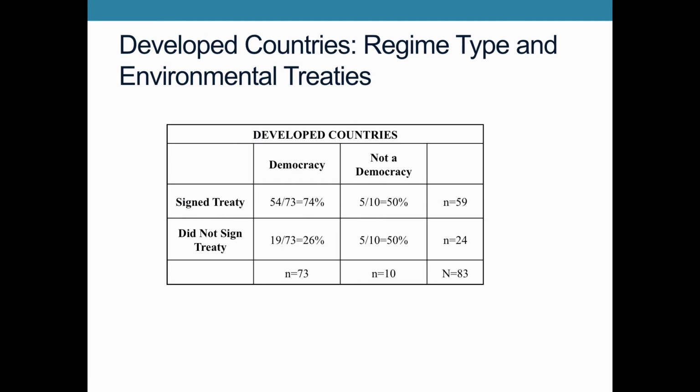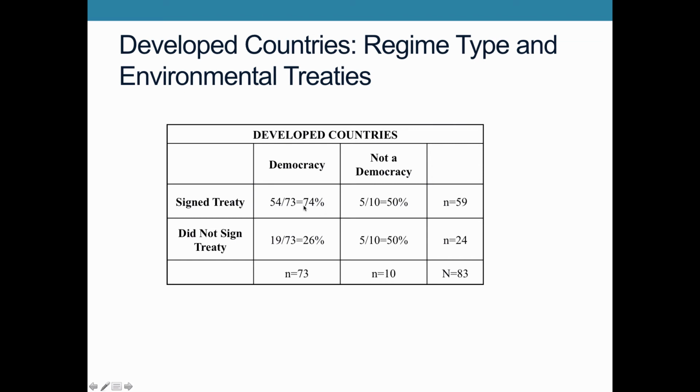Okay, so we are looking here at the developed countries. Again, I said that there are 83 developed countries, and we find that 59 of them have signed the treaty, 24 did not. So let's look and see among developed democracies, how many of them are signing the treaty? The number here is 74 compared to 26 that did not among democracies.